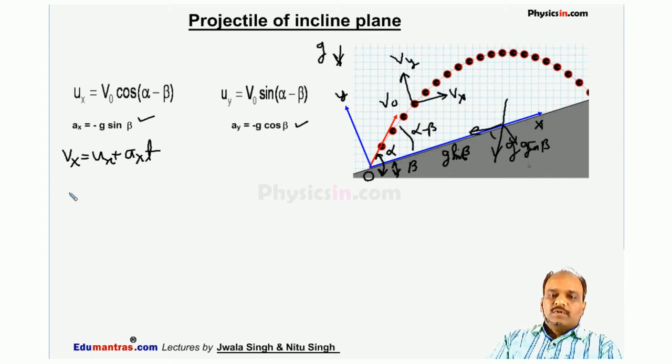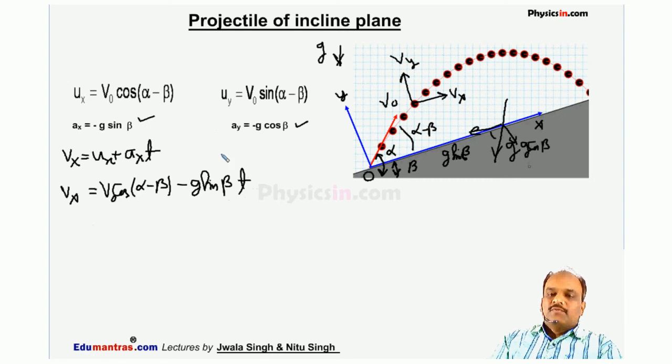So Vx, the velocity along the x-axis, is equal to Ux, which is v naught cos (alpha minus beta), plus ax, which is minus g sin beta, into t.